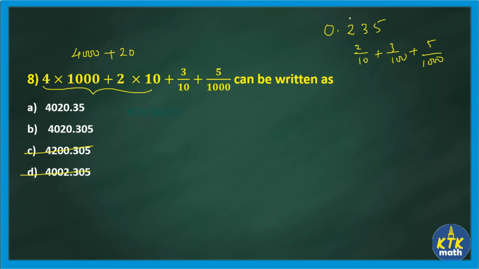This is the 10th place, this is the 100th place, and this is the 1000th place. Now check here, they gave 3 by 10, so this is the 10th place number. There is no number with denominator 100, therefore the 100th place value is going to be 0, and then the 1000th place value is going to be 5. So it is going to be 305. Therefore our answer is option B.